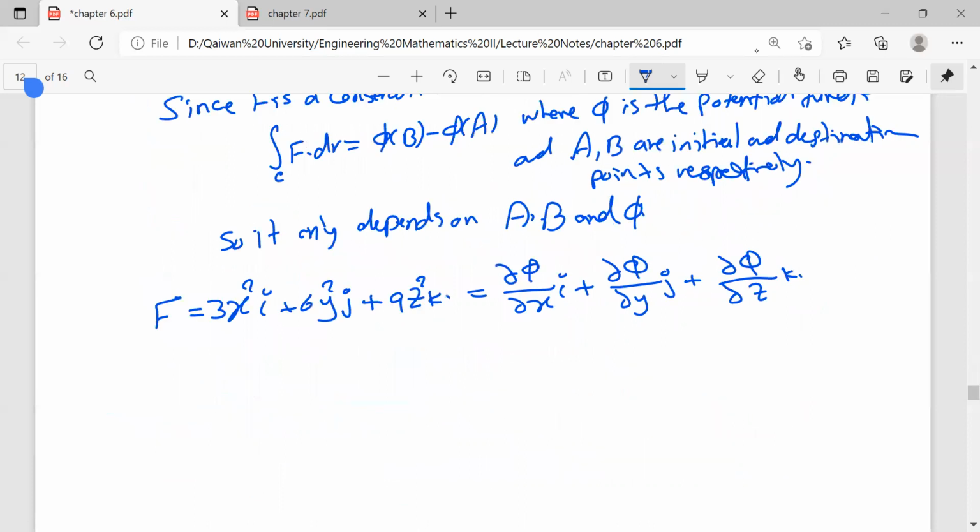Now we can find the potential function. We equate the first component to the first component, second to second, third to third. First, for the first component, we say partial phi by partial x equals 3x squared. Look, this is the coefficient of i, and here the coefficient of i is 3x squared. We equate these two to each other. Now we find phi. This is partial phi by partial x. To get phi, what should we do? We must take the integration of both sides.